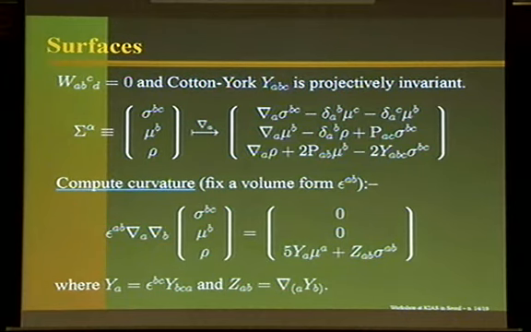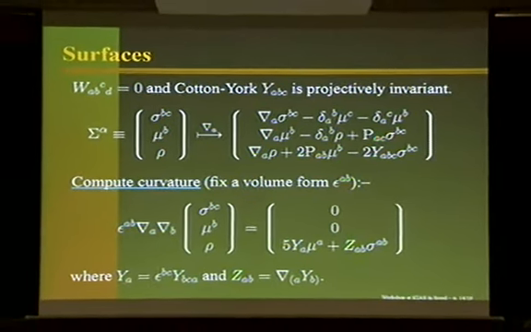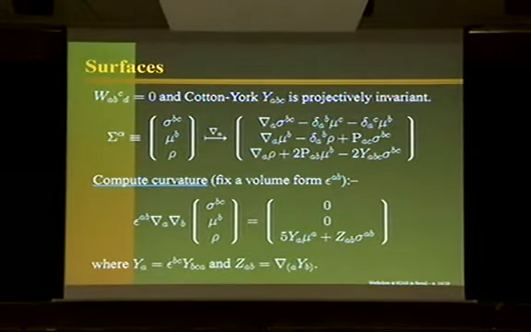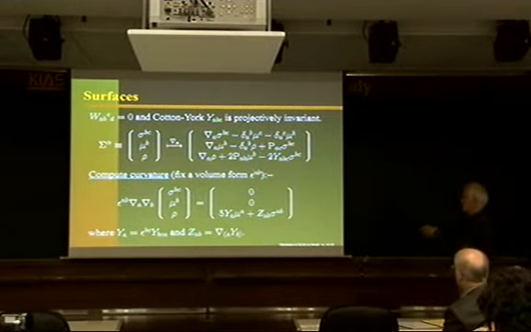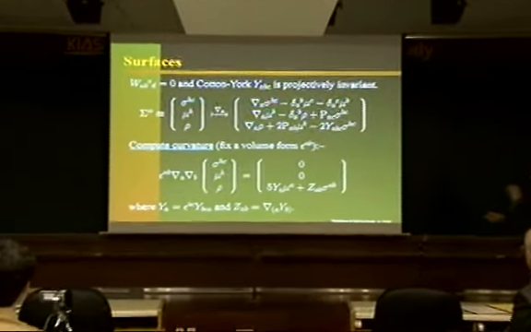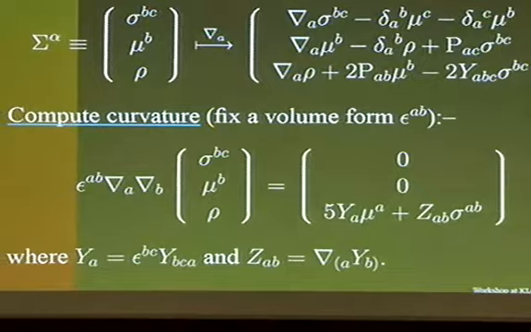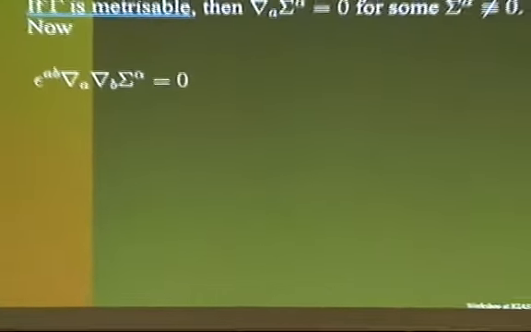Yes, but it is a tensor with 3 indices. Right, so y used to have 3 indices, but because we're on a surface, when computing the curvature, I've picked a volume form in order to do that. So it's come down to something with just one index on.